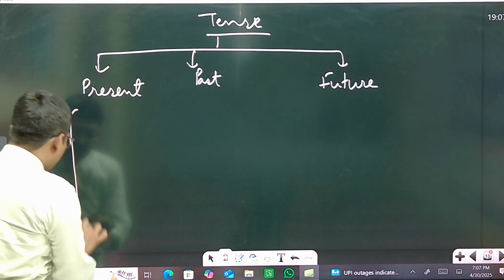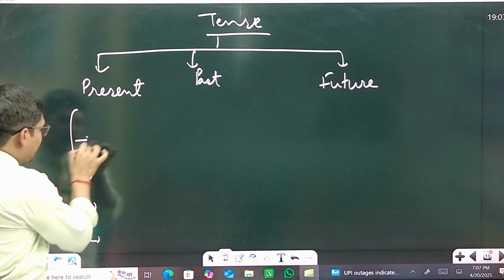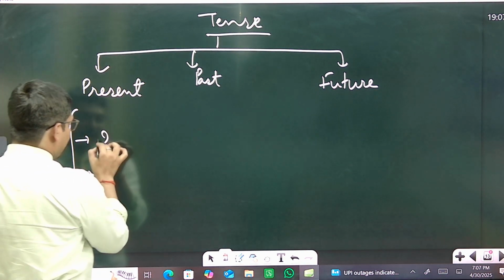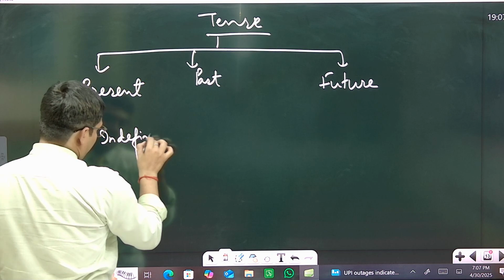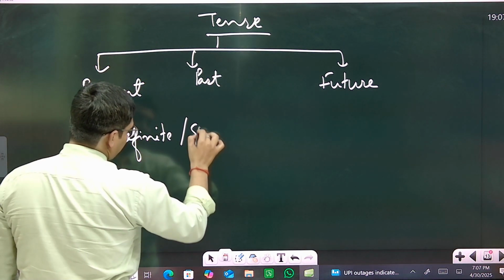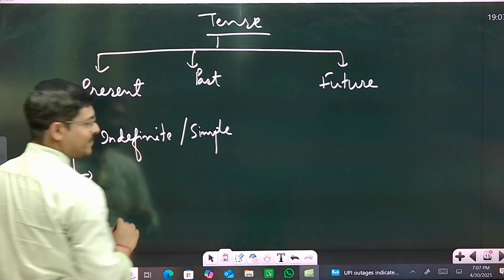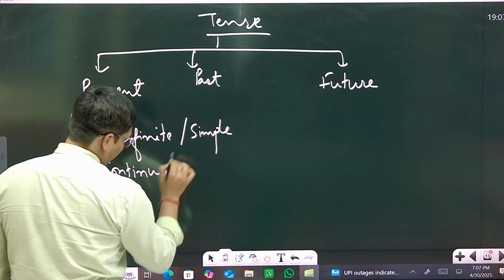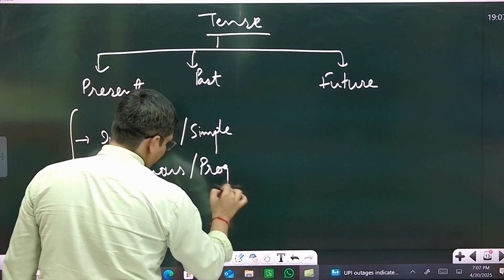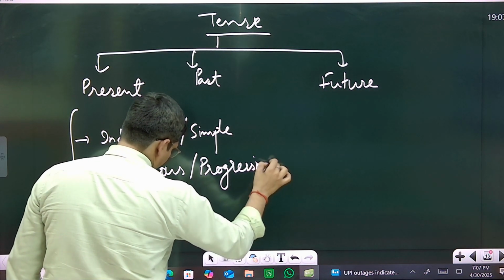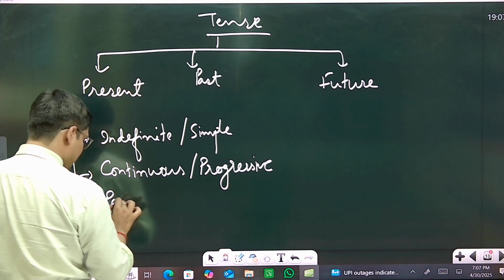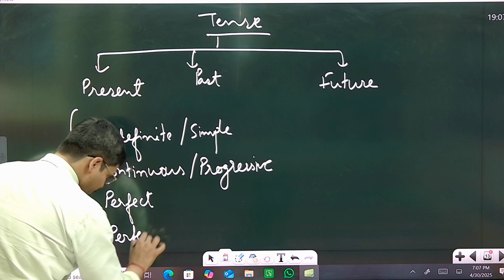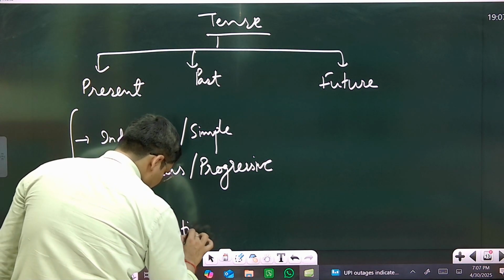Okay. Now, they can be further subdivided into four types. What are they? They are indefinite, at times also called simple, continuous, also known as progressive, perfect, and perfect continuous.